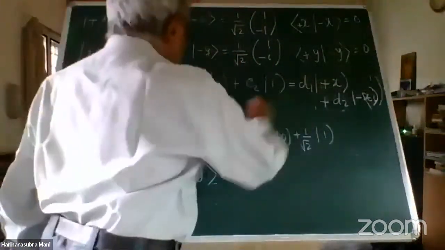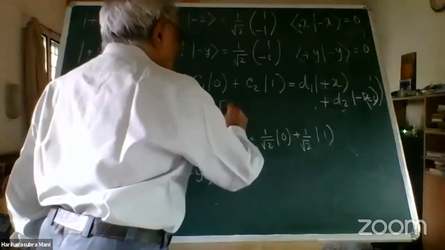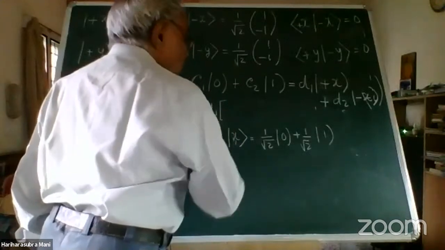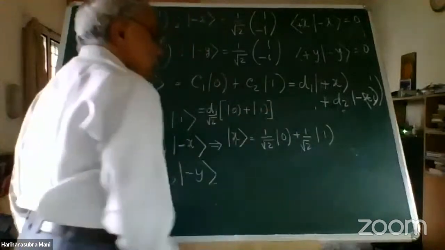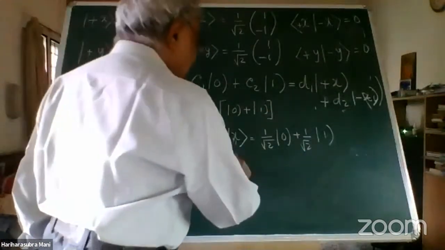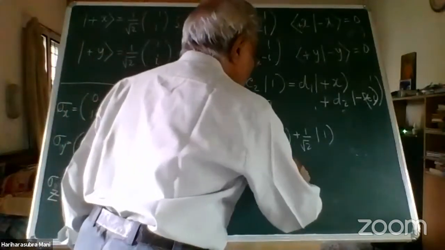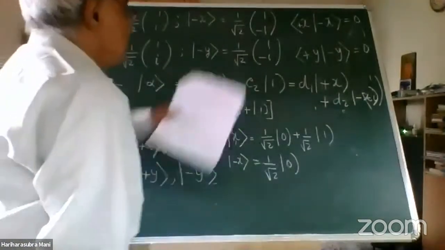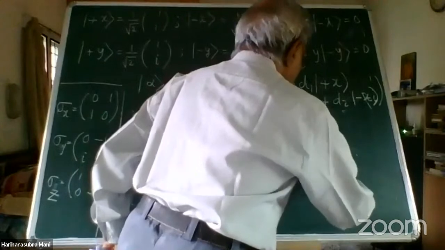So this expression here, I can write it as d1 times, taking the root 2 outside, 0 plus 1. For d2, for this minus x, it is 1 by root 2, 0 minus 1 by root 2, 1.